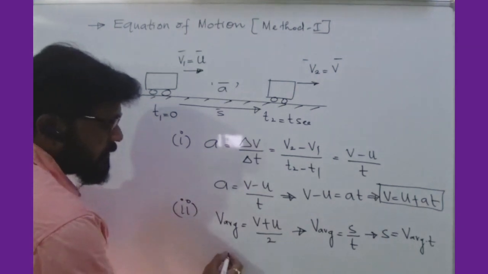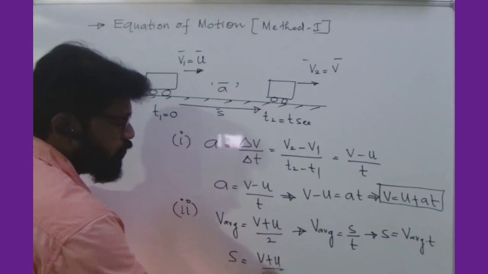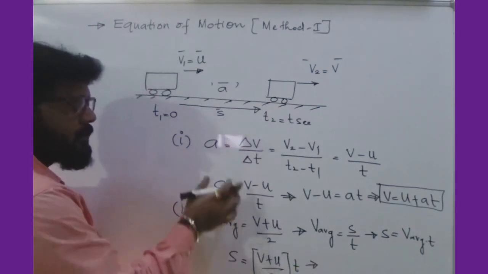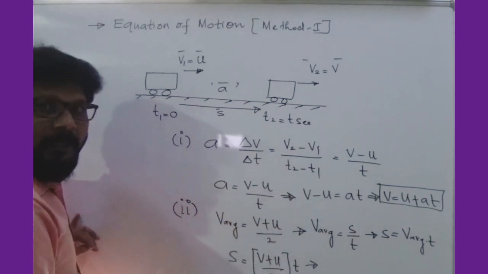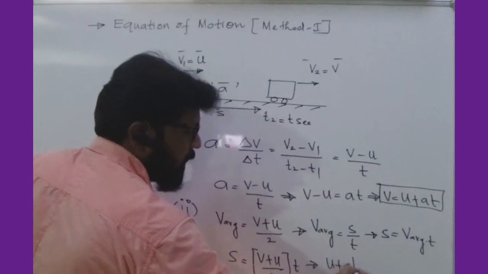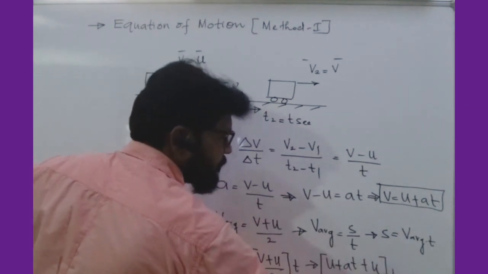Now displacement s is equal to v plus u by 2 into time t. Or simply, what is v? Already we have the velocity after time t seconds. Velocity v is u plus at, plus u, divided by 2, into t.